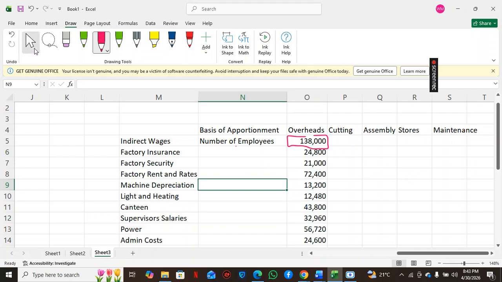For the cutting department, we want to know how much of this cost they are going to get. So you say 16 over 64 multiplied by 138,000.